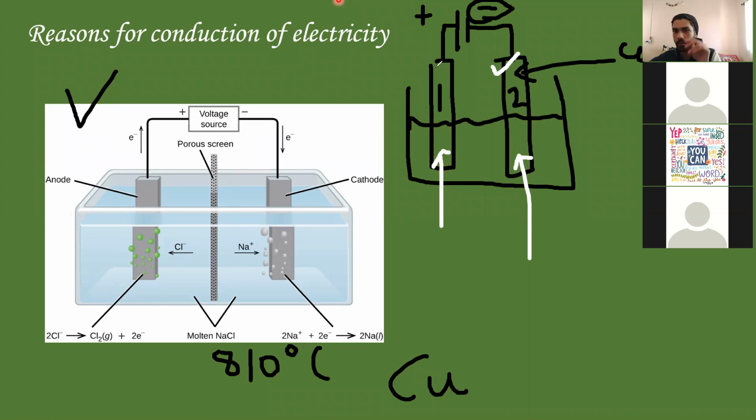Absolutely. Now give me a number. If this is electrode number 2, what will I call it, a cathode or an anode? The negative is joined to it, so electrode number 2 will be cathode and electrode number 1 will be anode. Sorry, opposite. Thank you.